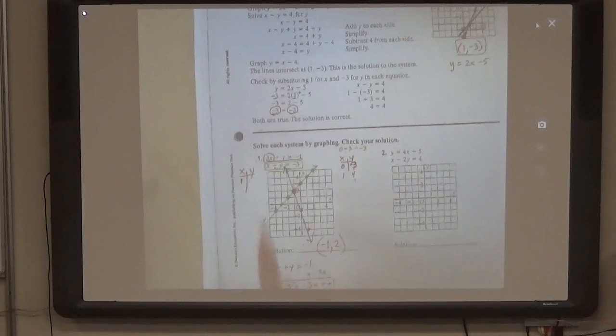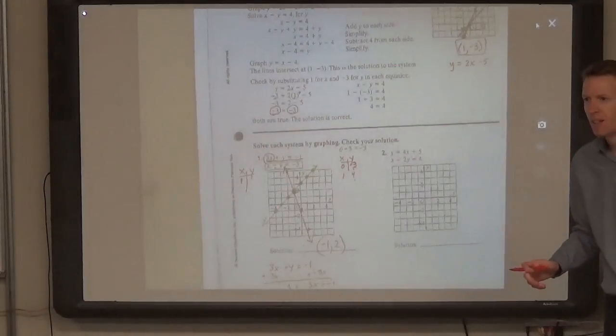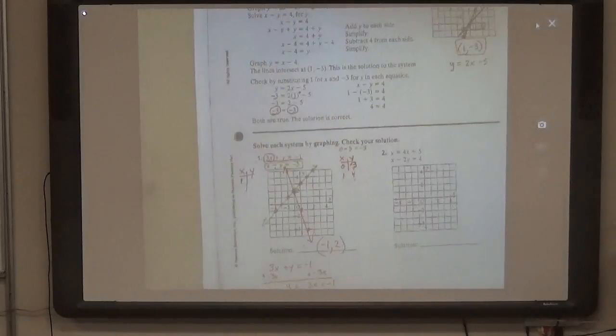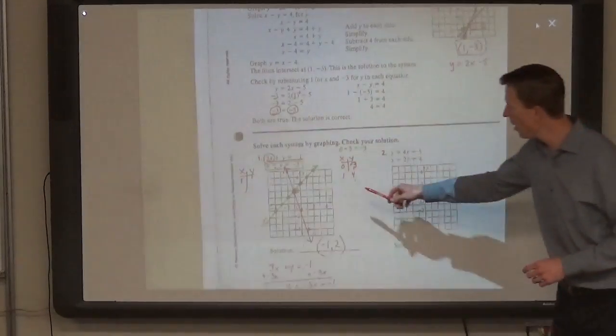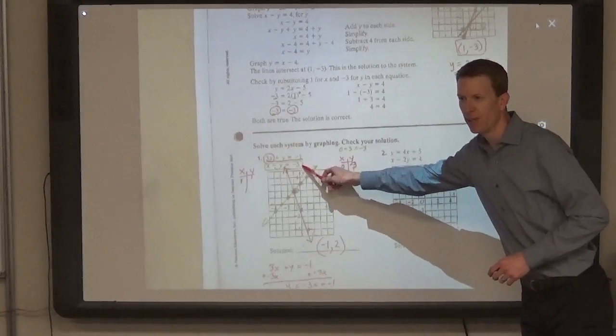So 1 minus y would have to be, or remember, we always put a plus sign in front of the minus sign. So 1 plus negative something. And that number has to be 4, because 1 plus -4 is -3.